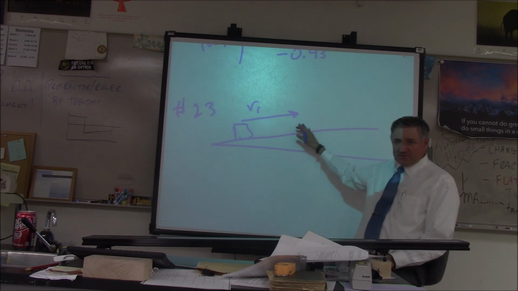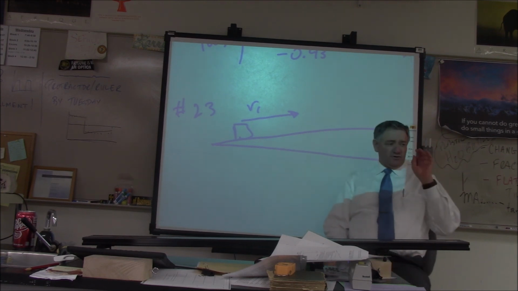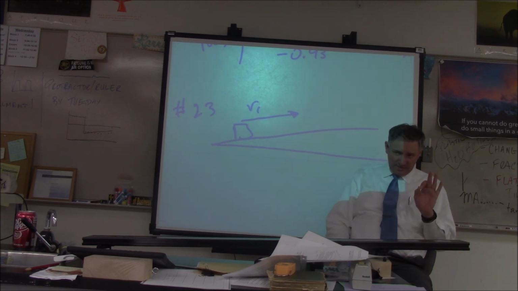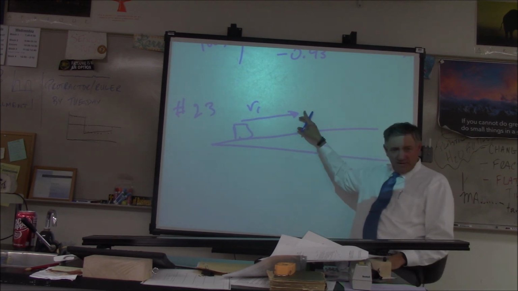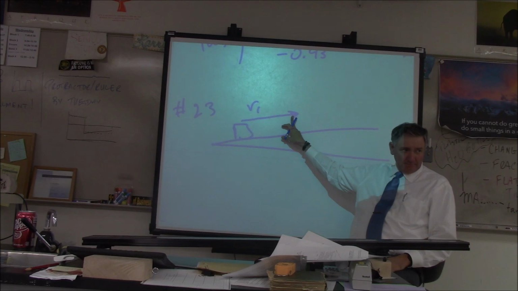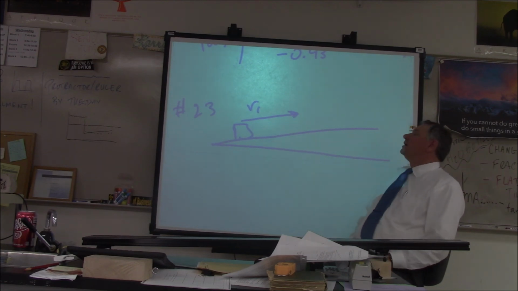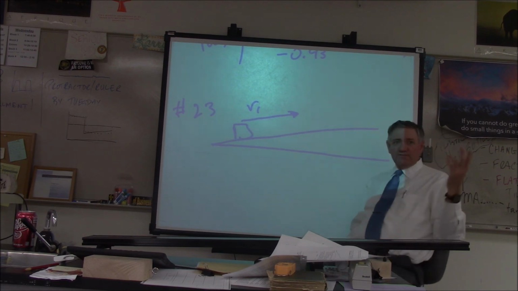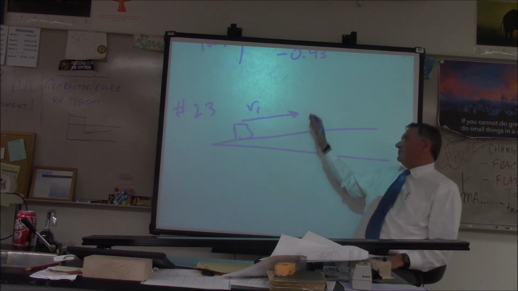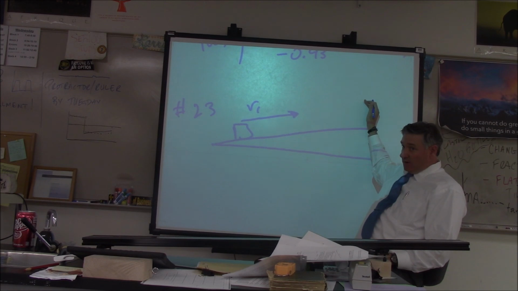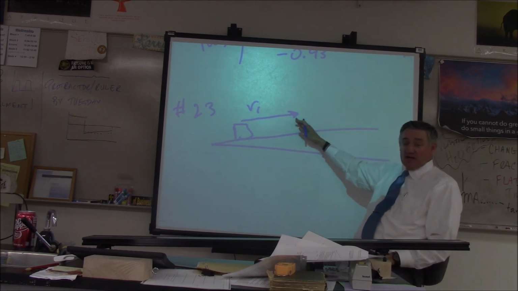So in the instructions I tell you, you're going to draw 3 velocity vectors, and you're going to draw 3 acceleration vectors. So this is going to be V1, it's pointing up the hill, right? So here's the deal. As it goes up the hill, one of 2 things is going to happen. Either your velocity vectors are going to be getting smaller, or your velocity vectors are going to be getting bigger. That's what you have to decide.